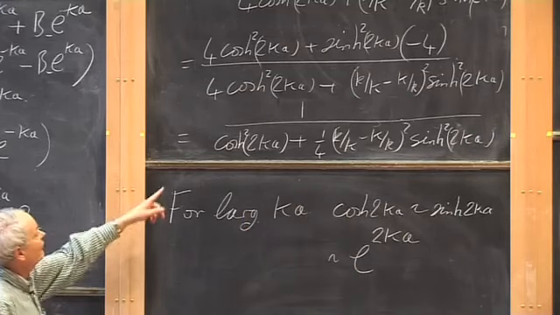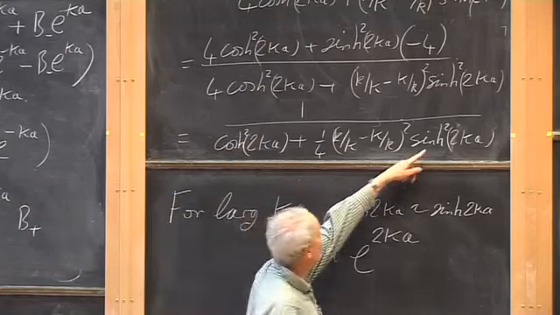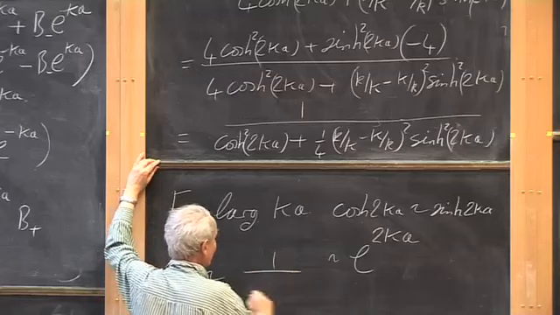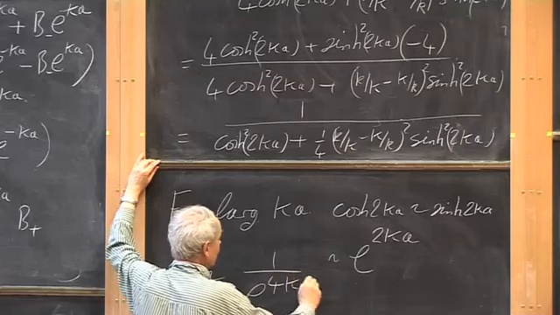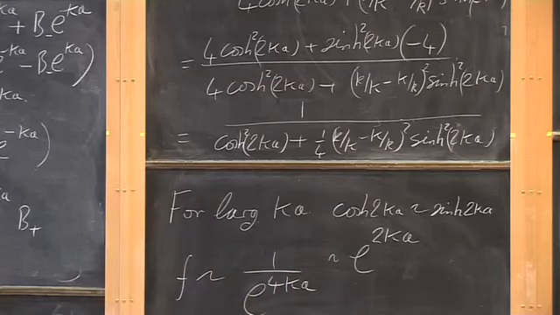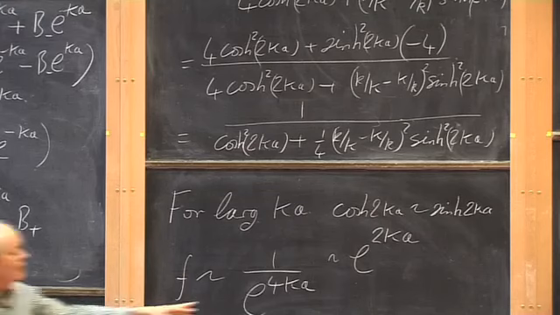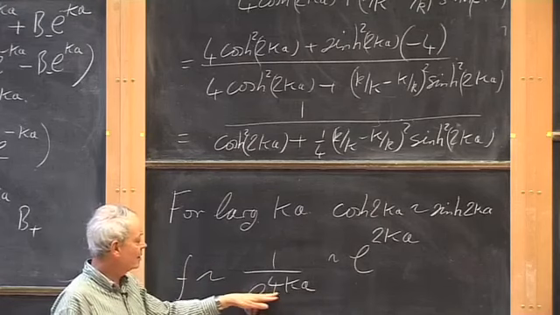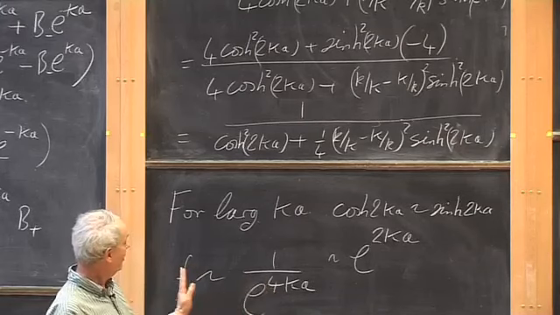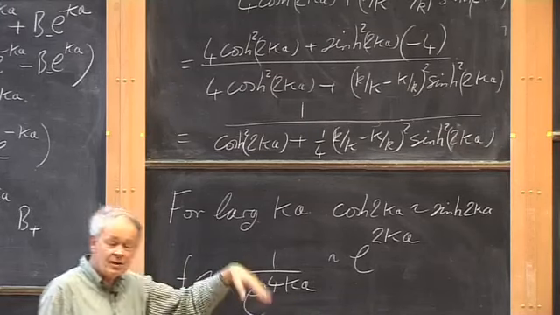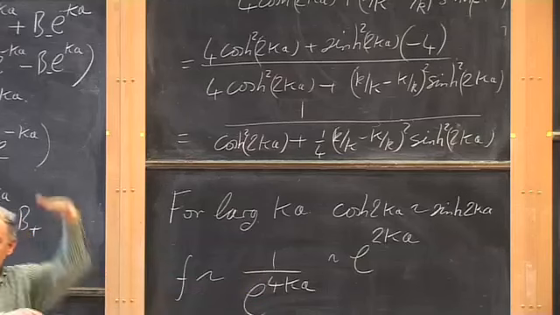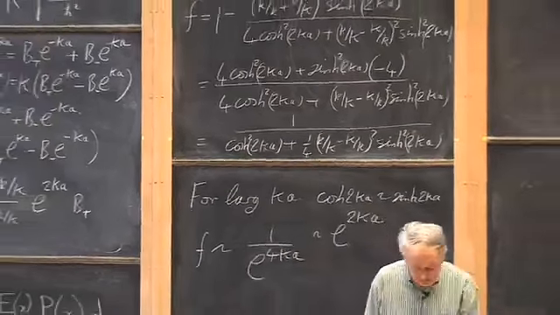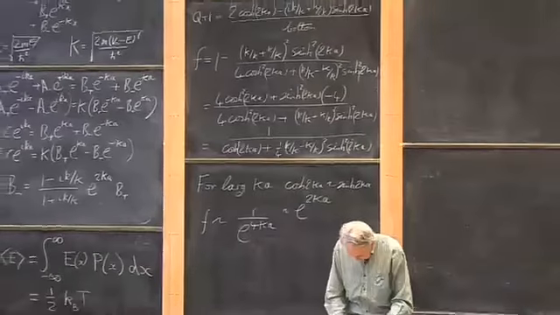But we are interested, in fact, in cosh squared and sinh squared, so F is looking like 1 over e to the 4κa. So if κa is an appreciable number, this probability of penetration is becoming small. The crucial result is that the probability of getting through there is decreasing exponentially fast in the height of the barrier. So you don't need a very high barrier to make this quite a small effect.